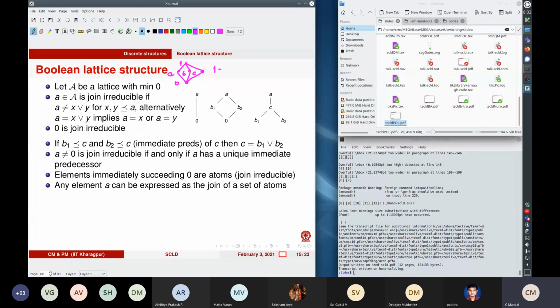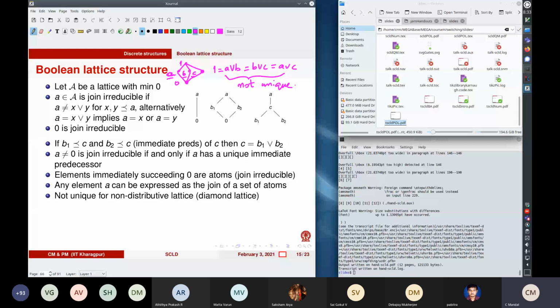These are all atoms, by the way. So 1 can be expressed in many ways in fact, as you can see. So what it means is that it is not unique.